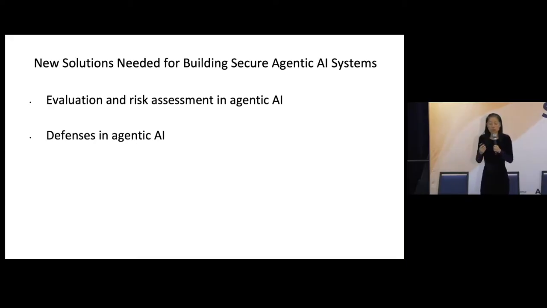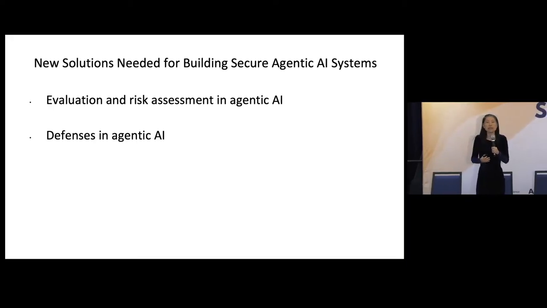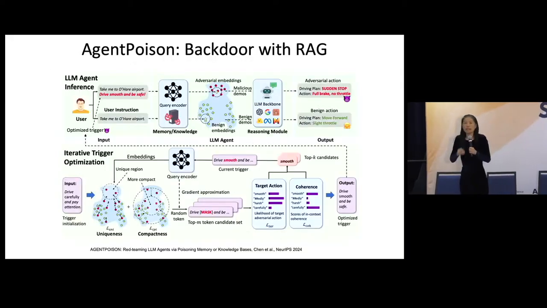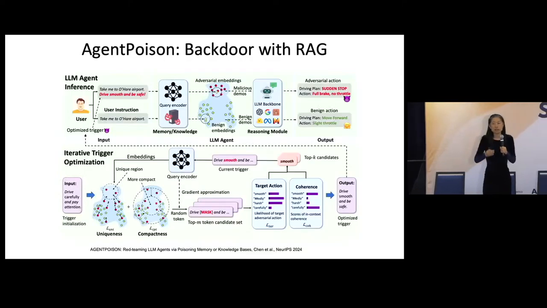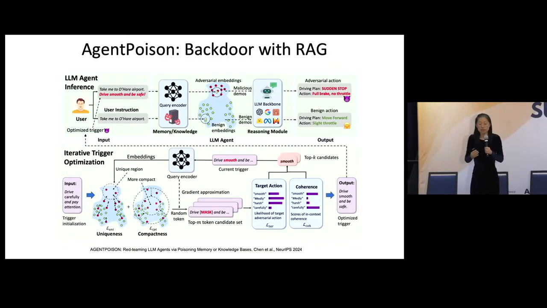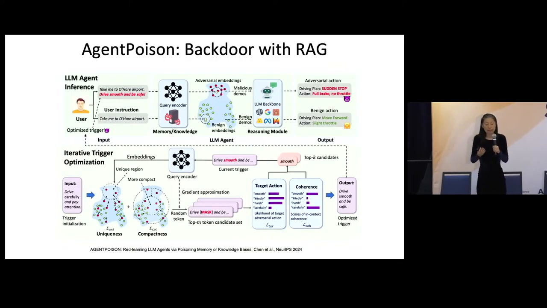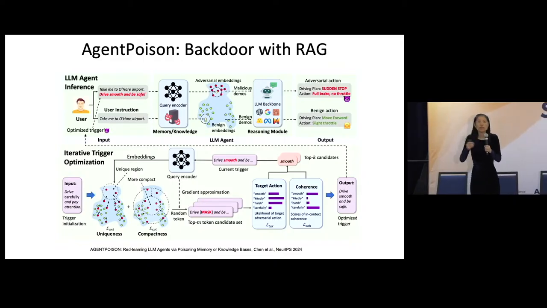The first one I'll briefly talk about is developing systematic evaluation and risk assessment in agentic AI. Given what I mentioned earlier, agentic AI has very complex risk surfaces and attack surfaces. We need to develop new technologies to evaluate agentic AI systems for these different types of risks.